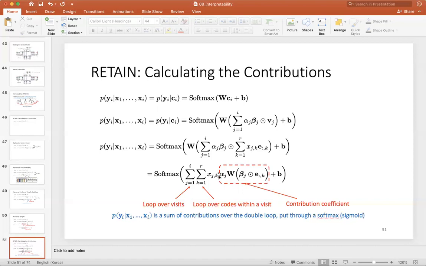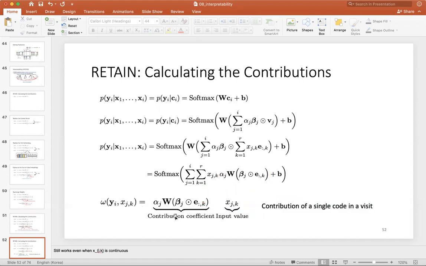There's a contribution coefficient, and there's a weight coefficient for each code in each time step, which would be this part. As I said, this is either 0 or 1. If it's 0, the whole thing doesn't matter, because things that didn't happen in the jth visit don't have an impact. Things that did happen, like cough, fever, Tylenol, do have an impact, and the impact is this much.